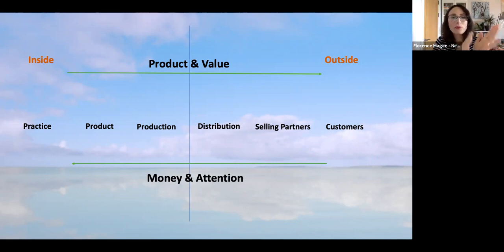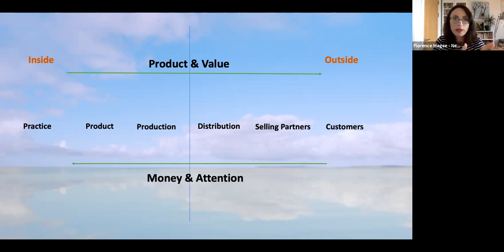One is the creation of product and value from your practice to the customer, and in return, the customer would give you money, of course, that's why it's a business, and attention, and retaining and capturing money and attention is part of your business.